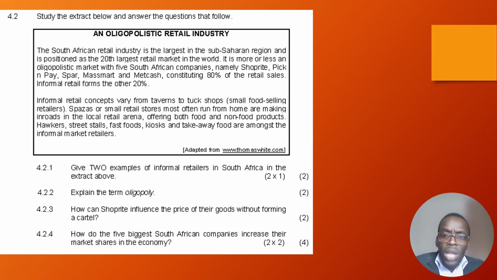These are some of the questions that were asked around this area of oligopolies. I will ask you to pause the video, read through this question and that extract, and then we'll be back to answer the questions. Once you have read that, go through the questions on your own, and then we'll come back and revise that.